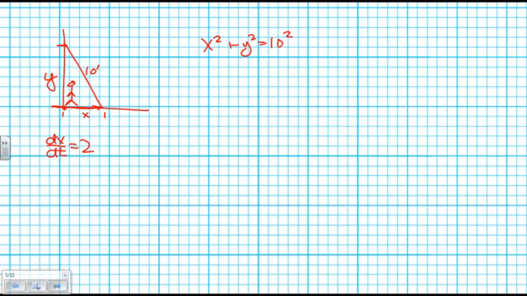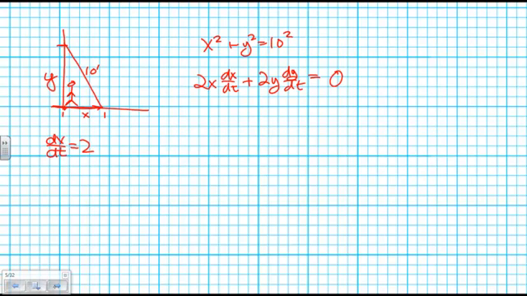Let's take the derivative of that with respect to t. 2x dx/dt plus 2y dy/dt is equal to 0, because it's a constant.